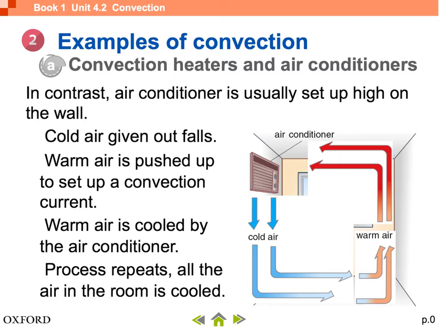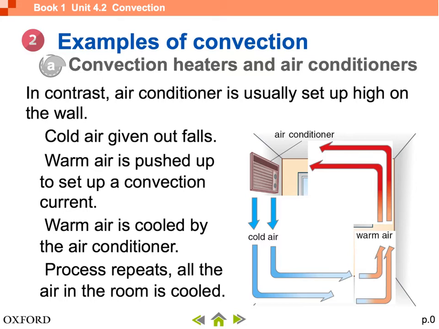In this slide, an air conditioner is set up at the top of the wall, but not on the floor. The reason is, as air conditioners give out cold air, the cold air will sink to the bottom, since it becomes denser when it is cooled down.